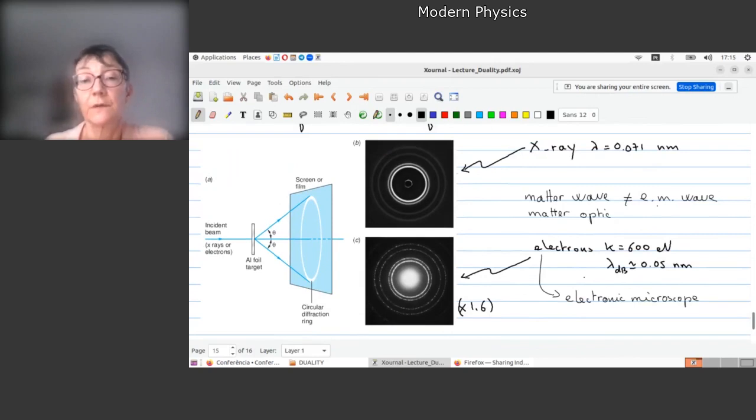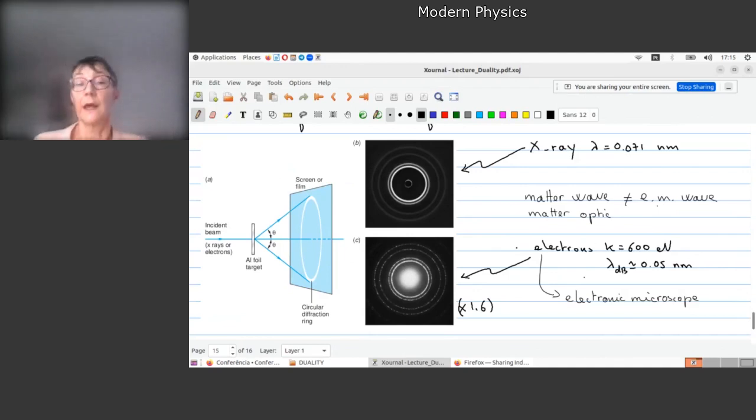It is a very energetic particle, and so an X-ray microscope would have a very good resolution, but it's very complicated to have an X-ray microscope. Electrons are much easier. You see here 600 electron volts, so this is no big deal.